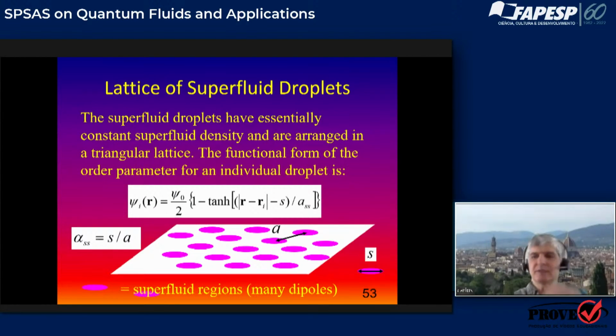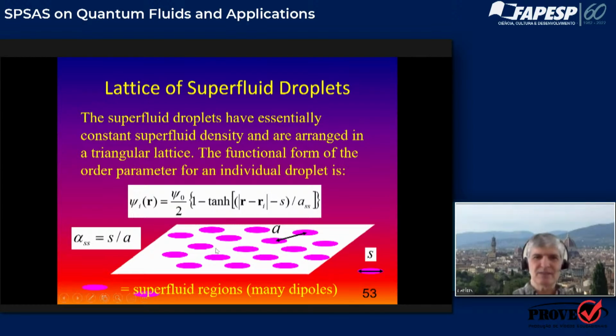So we can look at the problem again from the variational point of view. We can create some droplets which have a structure like this, sort of a flat top, and we use a variational form which is going to be a hyperbolic tangent. If you recognize that, this is sort of the dual of what you would see for an order parameter for a superfluid, where the order parameter goes to 0 at some places, and here it is the dual.